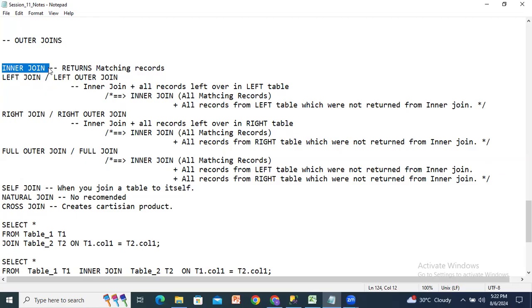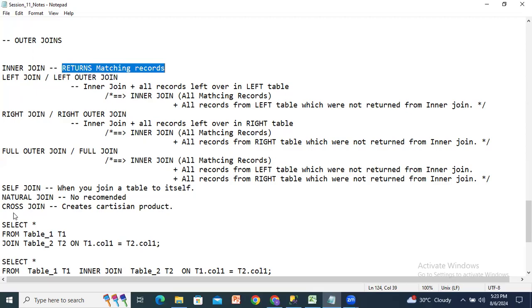I'm giving a simple definition, very basic terminology. Inner join returns matching records. If you consider table 1 and table 2, in both tables we mention columns, and based on the columns we get the matching records.